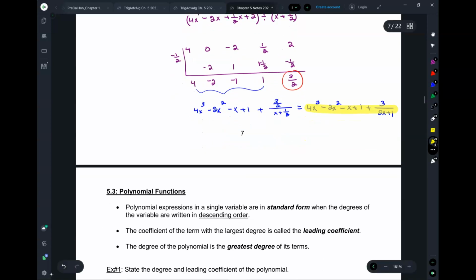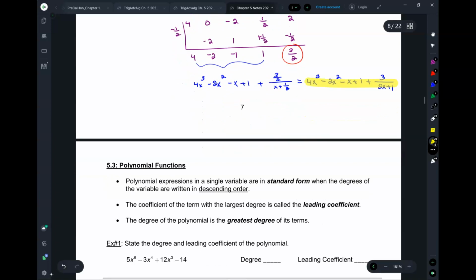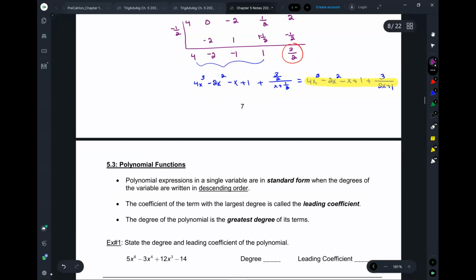I just need like the last part. Yeah, me too. I don't get like the 3 over 2. Okay. Let's just focus on this one and then I'll take your question. Look at what we had here. We had 3 over 2 divided by x plus a half, right? This is the same as the first fraction divided by x plus a half.